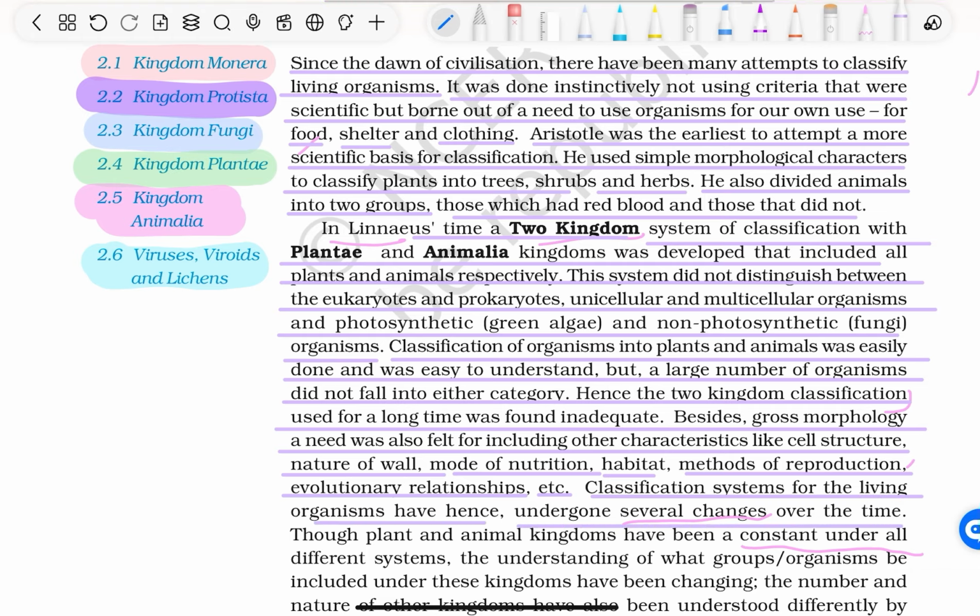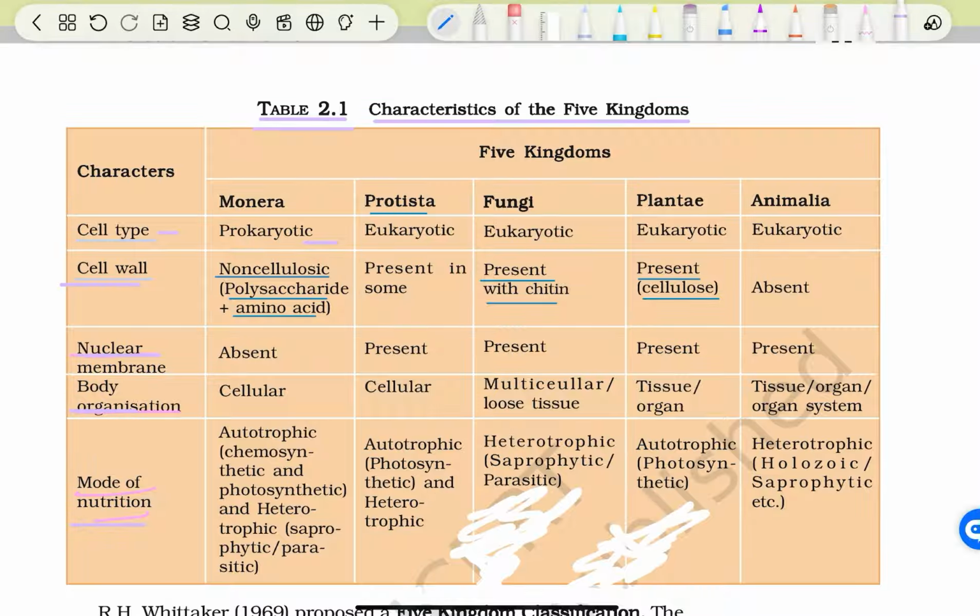So here is your Table 2.1, characteristics of five kingdoms. Here, the characters are cell type, cell wall, nuclear membrane, body organization, and mode of nutrition. In Monera, the cell type is prokaryotic, the cell wall is non-cellulosic, meaning polysaccharide plus amino acid, the nuclear membrane is absent, the body organization is cellular, and the mode of nutrition is autotrophic, chemosynthetic and photosynthetic, and heterotrophic, saprophytic, and/or parasitic.